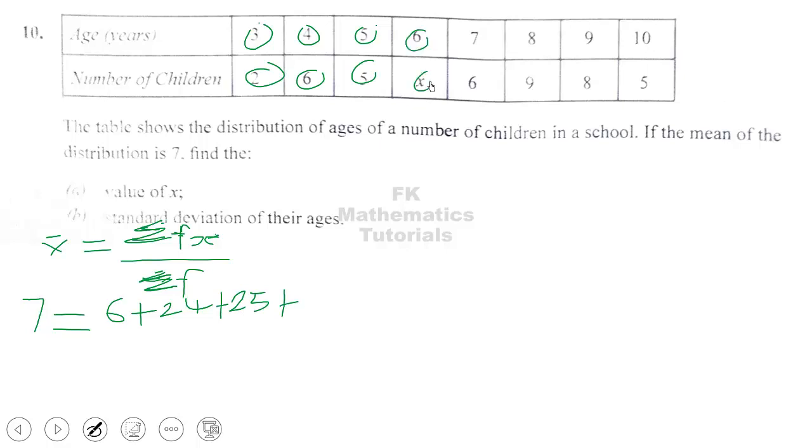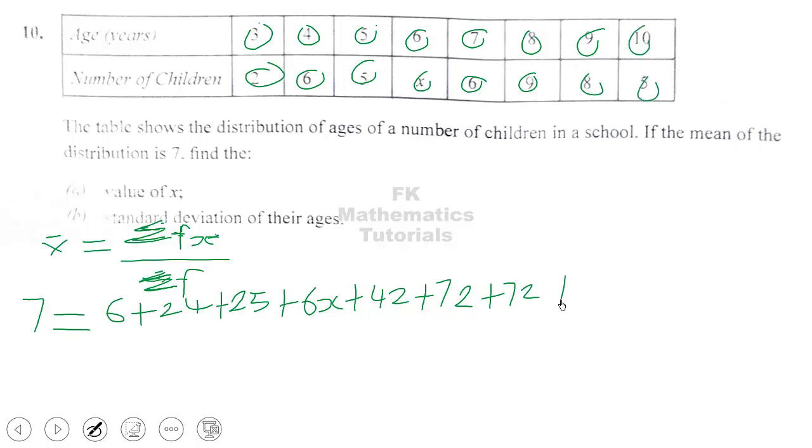And 6 times x is 6x. 7 by 6 is 42. 8 by 9 is 72. Then 8 by 9 again, 72. 10 by 5, that's 50.